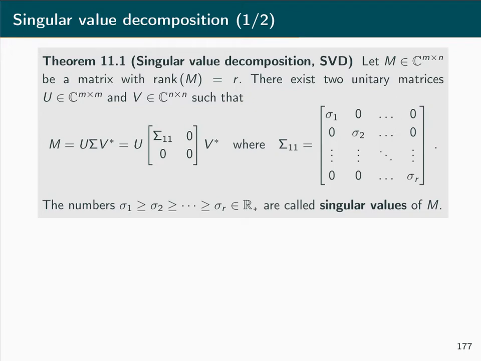And again, the matrix sigma 1,1 looks as shown here. So it's a diagonal matrix which has R real and positive values on its diagonal.